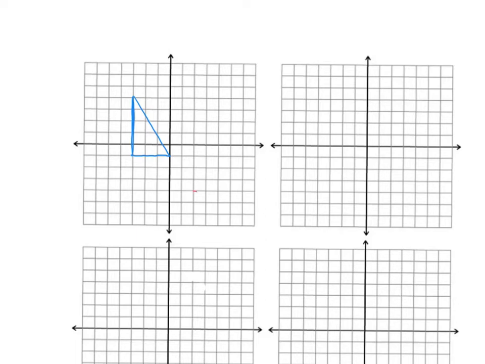But I noticed that that other right triangle has the same amount of sides. It looks pretty much the same, and there are corresponding sides with one triangle to the other. So we can say that those two right triangles are congruent figures.